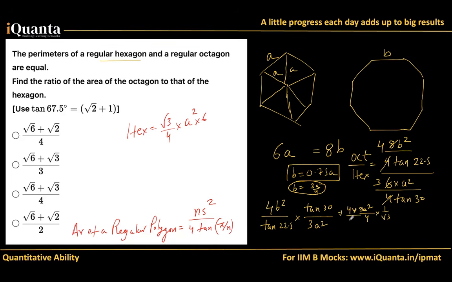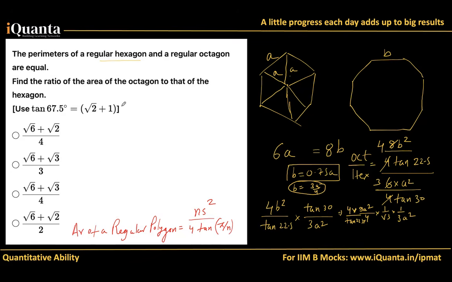And below we have tan 22.5 into 4 into root 3 into, we also have 3a square. So 3a square. So we have to solve it over here.